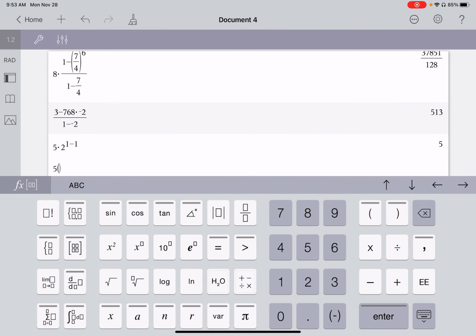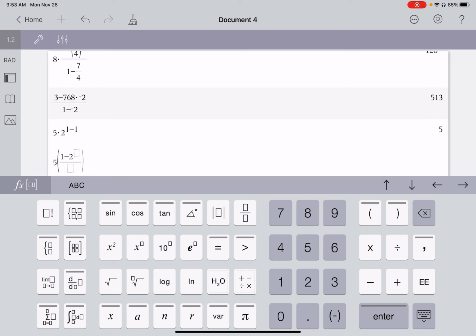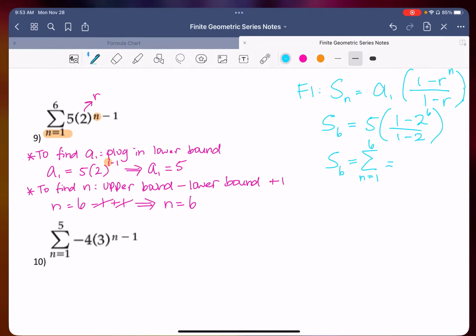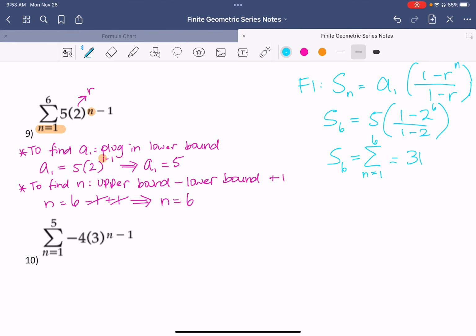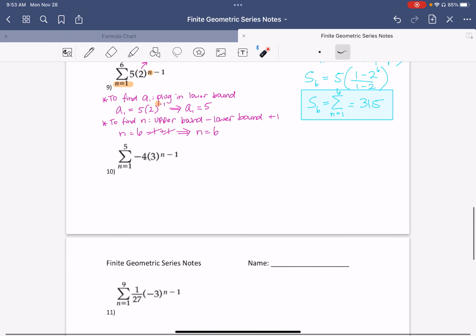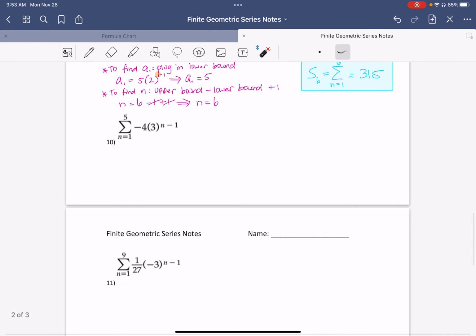So we had 5 times 1 minus 2 to the power of 6 over 1 minus 2, and we get 315. Okay, so there you go. Go ahead and try 10 and 11 by yourself. Pause the video and try 10 and 11.